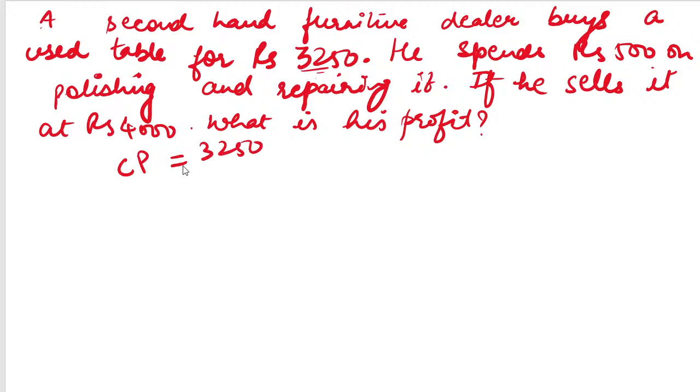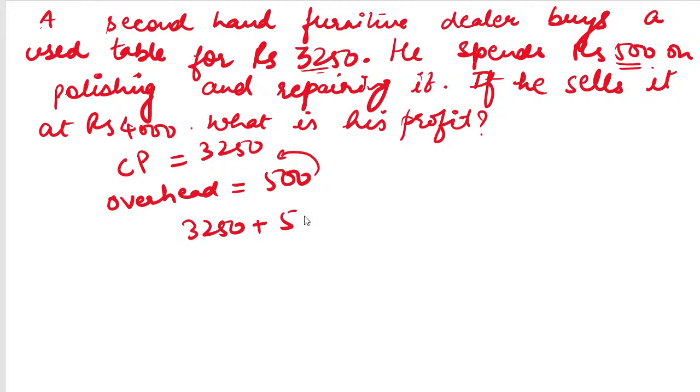Okay, and this is known as overheads. When we spend some money on polishing or repairing or something else, then we call it overhead. So this is 500, and this always adds in CP. Because we purchase this, and after that we spend some money on that particular object, so we have to add this. So our answer is 3750.